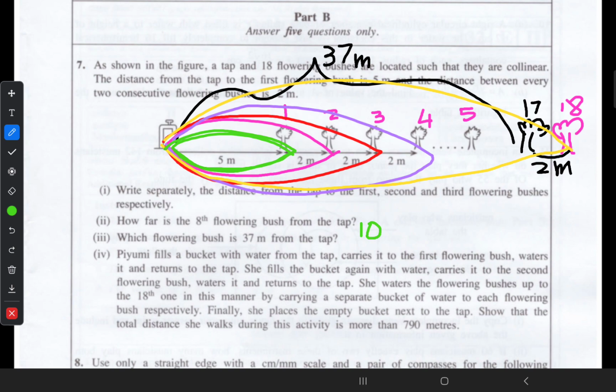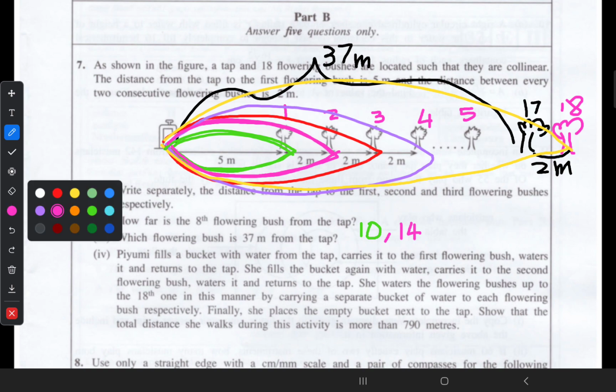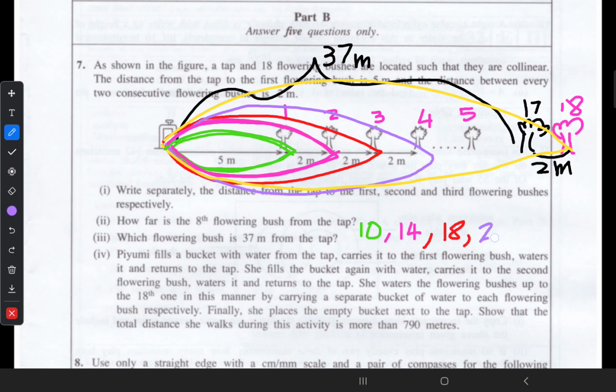And thereafter to water the second plant, she is traveling 7 meters, 5 plus 2, 7 meters, and coming back another 7 meters, 14. And again, for the third one, she is going 9 meters and returning 9 meters, 18. Likewise, for the fourth one, 22. Likewise, this is the pattern.